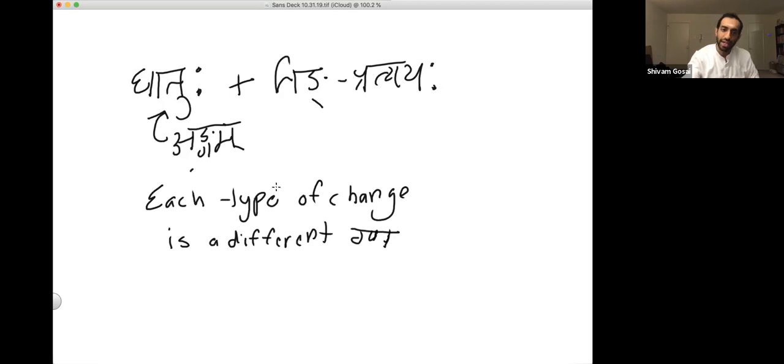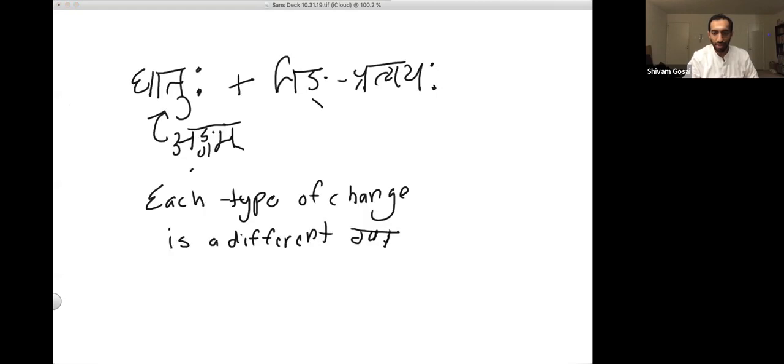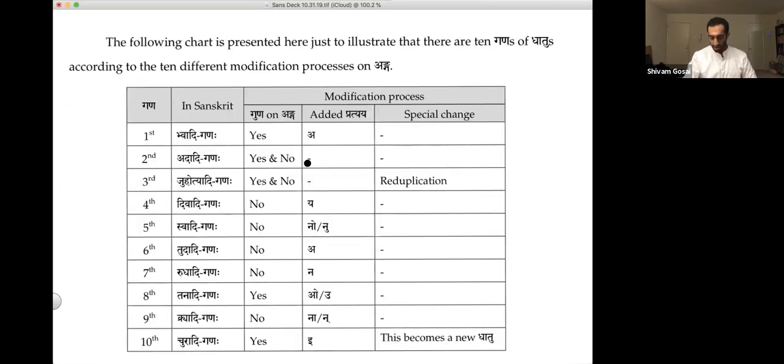We can see this in the chart on page 21. Let me know if I'm going too fast, if you need me to go back up. This chart on page 21 gives us a glimpse of the types of changes.